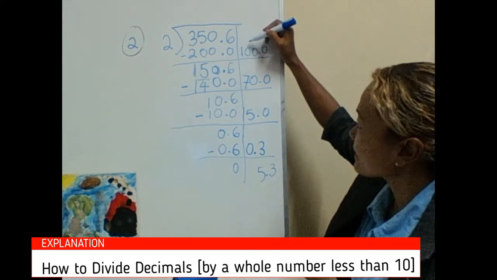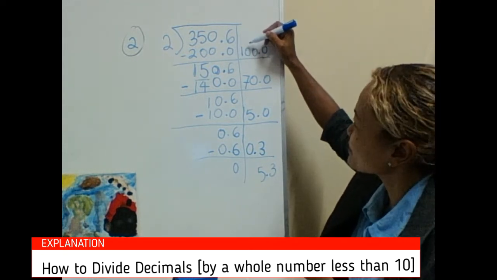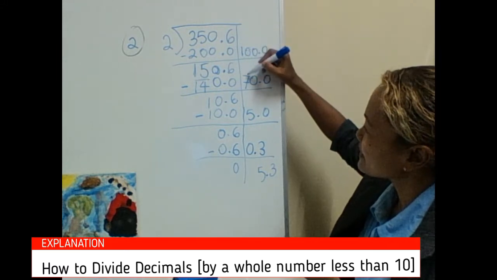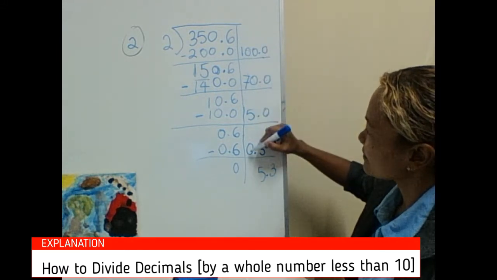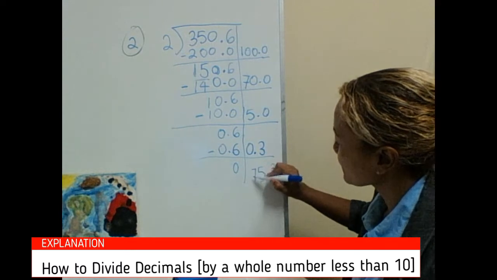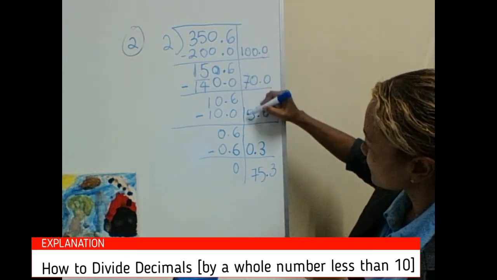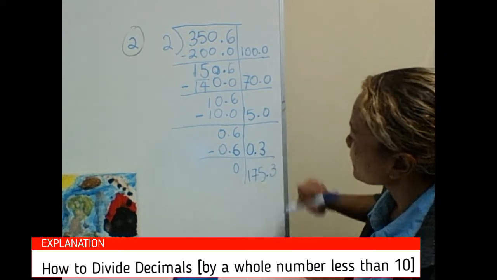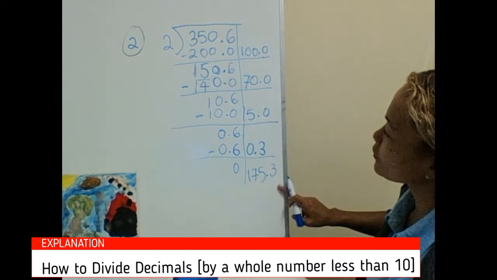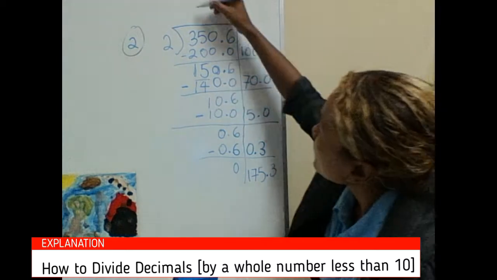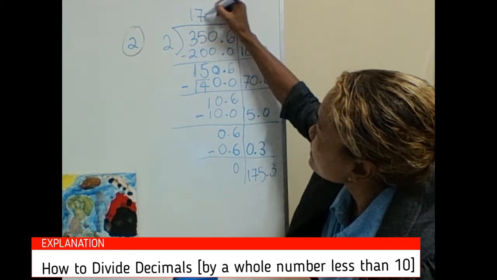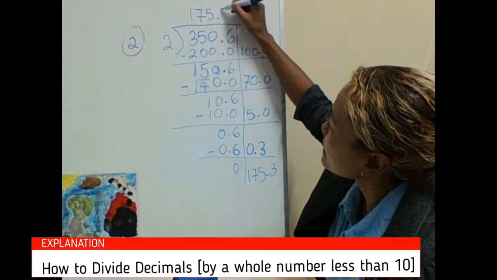Then the tens column, 7. And then the hundreds column, you have 1. So the answer is 175.3. 175.3.